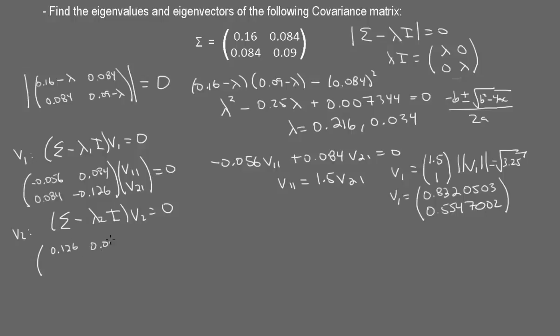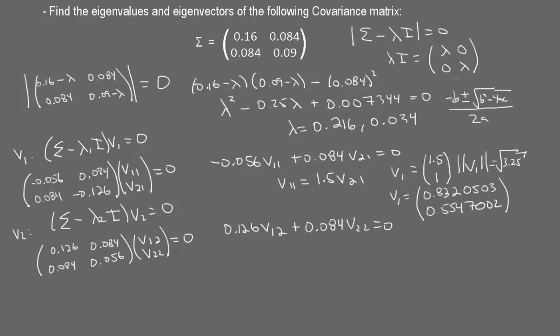And over here we again get 0.084, 0.084, and then 0.09 minus 0.034 is 0.056, multiplied by v12 and v22 equals 0. And now we get, again, a system of equations, but they're actually going to work out to be equal, so we only need to really use one of them. We set that equal to 0.